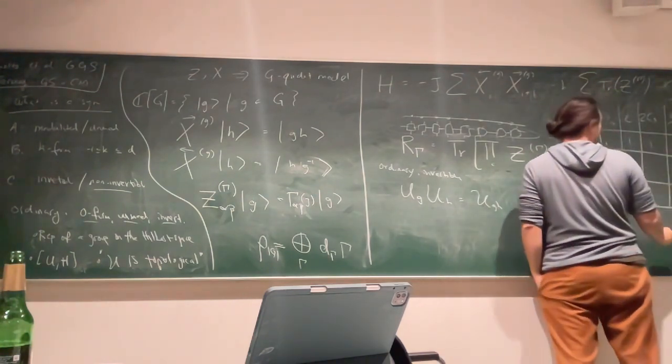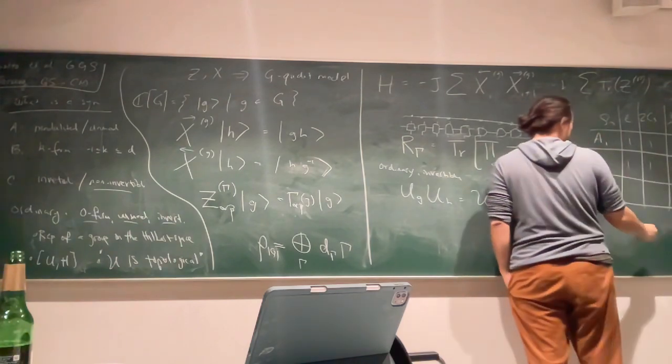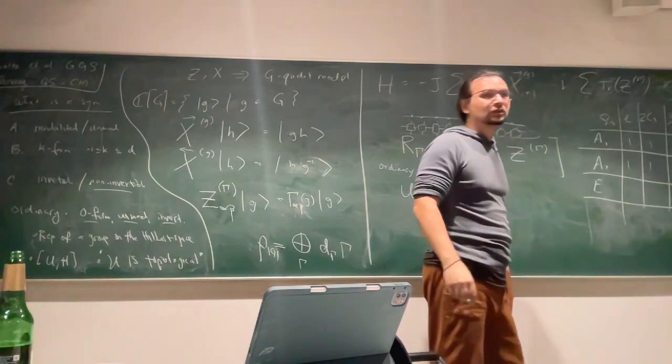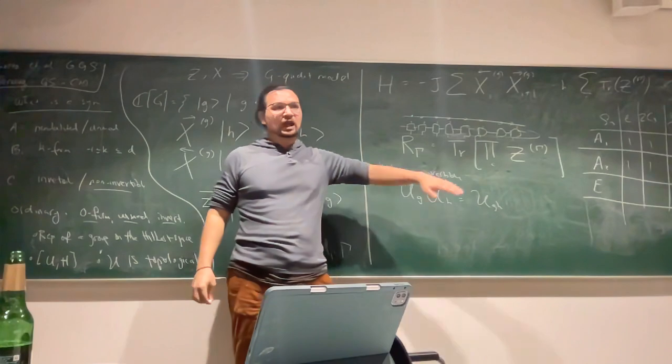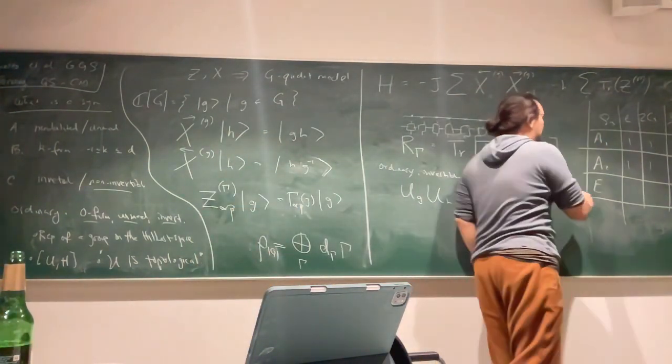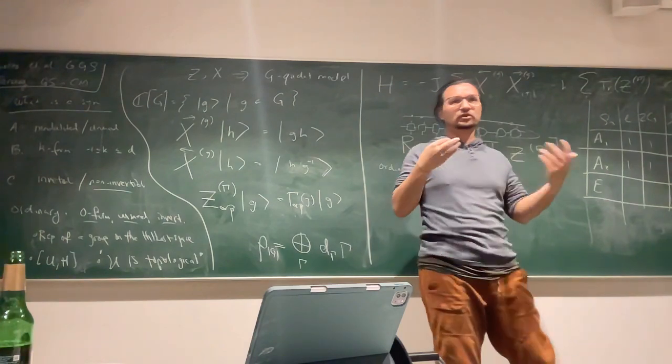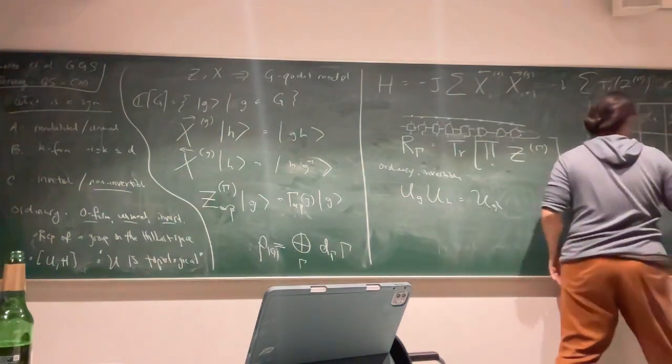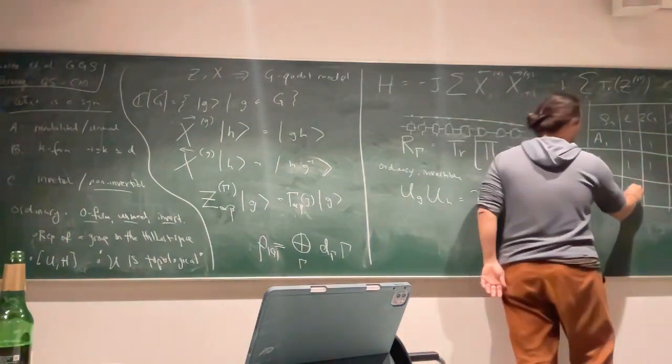This is the trivial representation, this is the sign representation, and this E representation is something that happens only because I have a non-abelian group. Because I have a non-abelian group, it has irreducible representations that have more than 1 dimension. So the E irreducible representation is 2-dimensional, so I've got a 2 here.